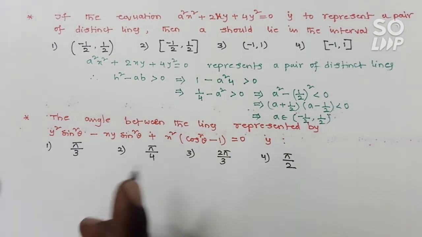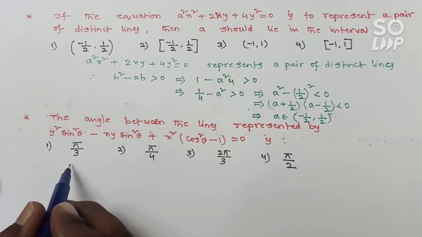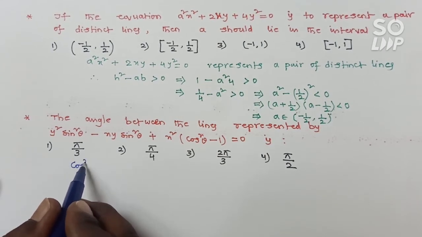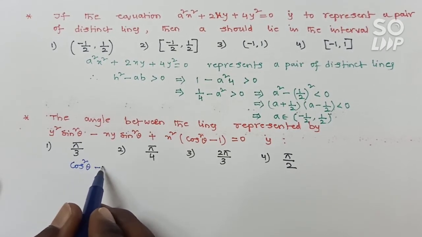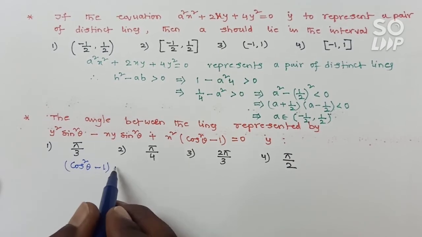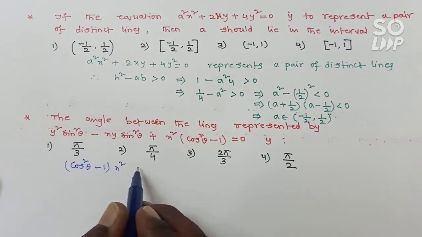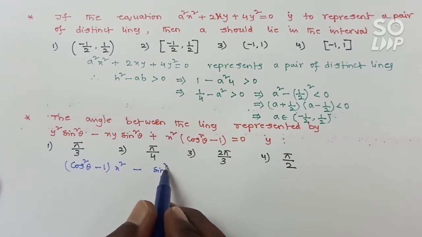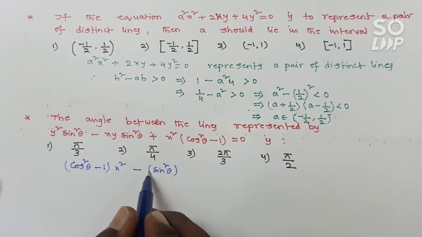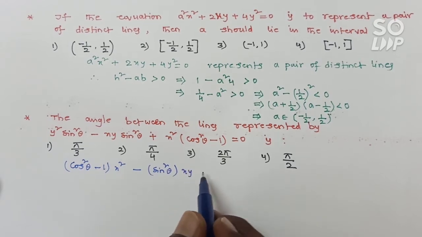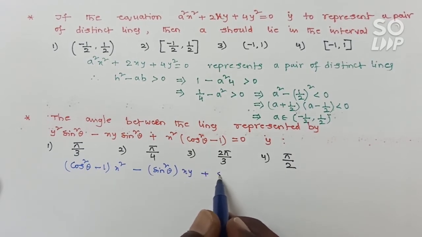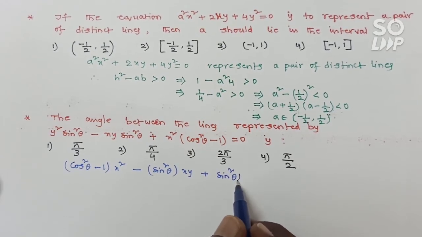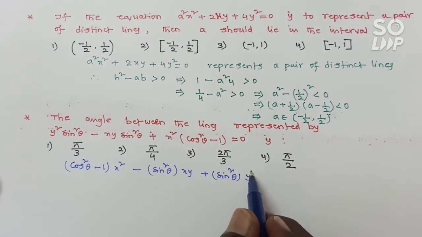First you write the x square coefficient, so that is cos square theta minus 1 into x square. Next you write the xy term, minus sin square theta into xy, plus sin square theta into y square is equals to 0.